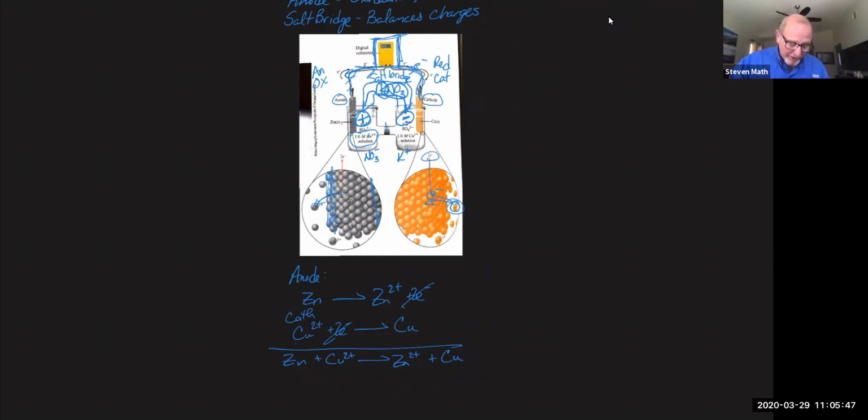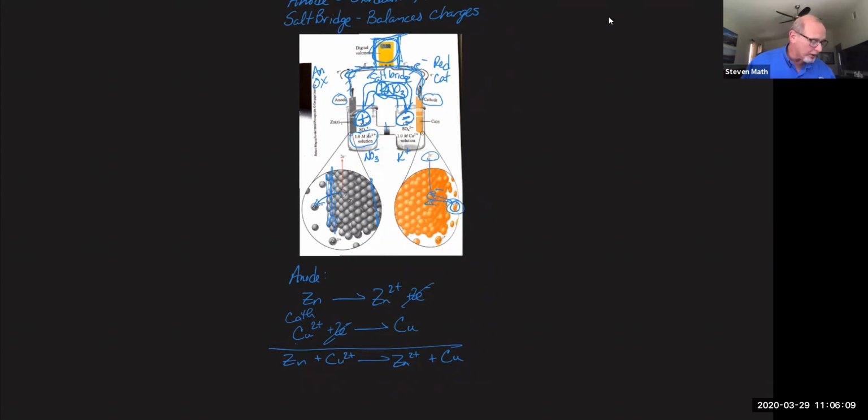So we've done everything but figure out, where did this 1.10 volts come from? Well, there are tables of reduction potentials that are given, and these are listed in your textbook.